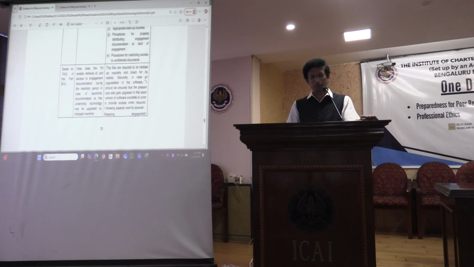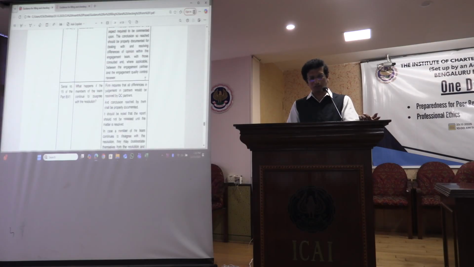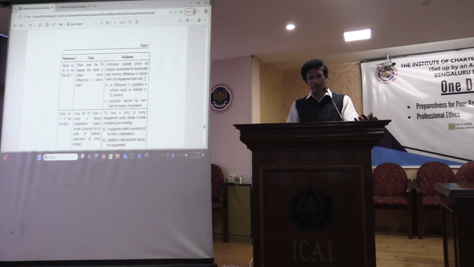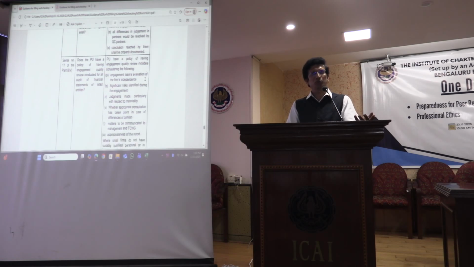How do you retrieve the documentation? Or confusion; unless it is properly documented, it is not a documentation. In case any disagreement is there, how you need to document, there's a guidance for that. All exceptions, but the policy has to take care of it.